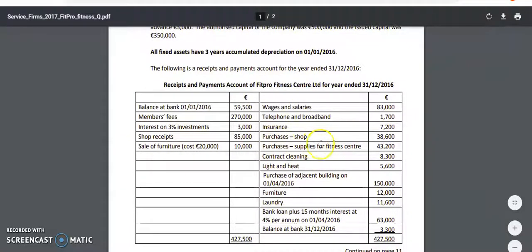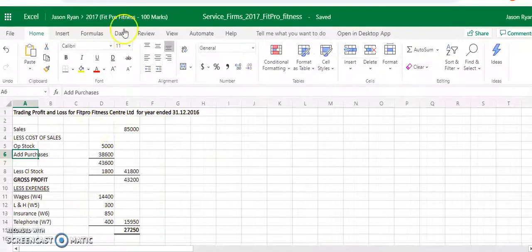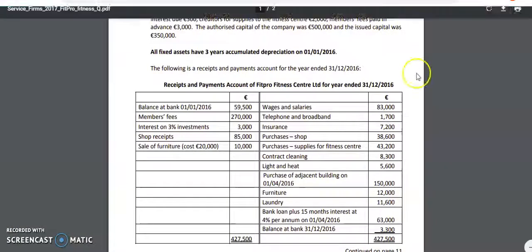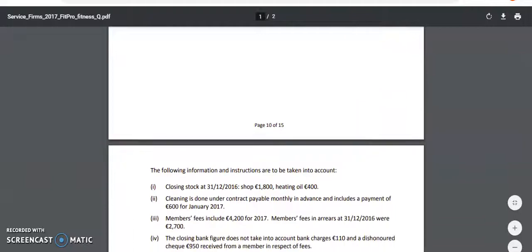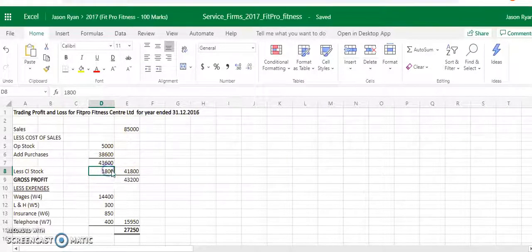So you've got shop purchases, 38,600. And then take away closing stock, which is at the end of the question, shop 1,800. So that'll give you 41,800. Take that away from 85,000, and your gross profit then is 43,200.